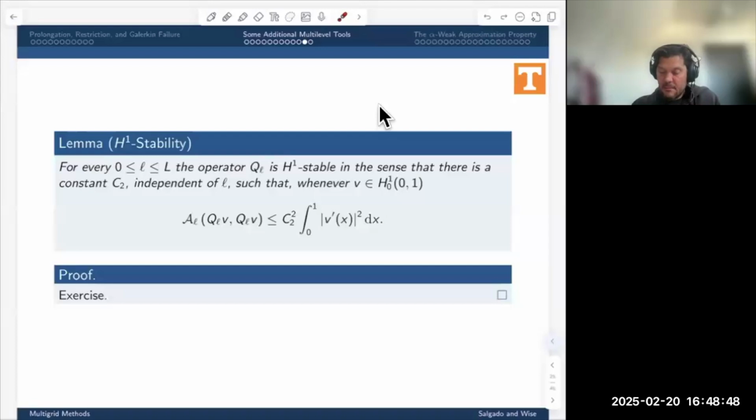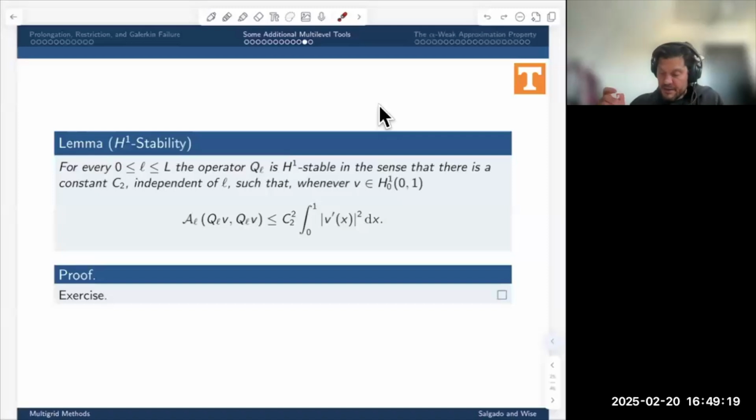So here's the statement. Suppose that QL defines the L2 projection as before, projecting any function from L2 into the space VL, where L is between 0 and capital L. Then this operation is what we call H1 stable in the following sense.